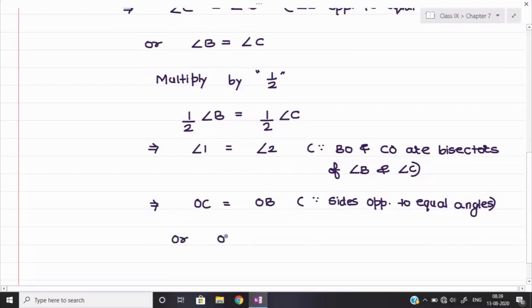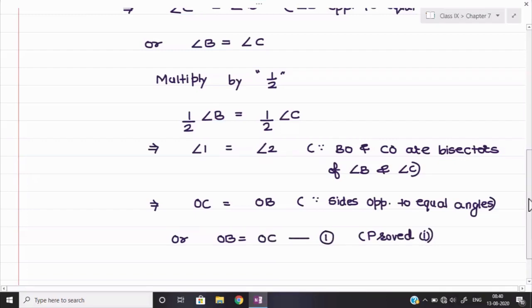So exactly we have brought the first part as required. OB and OC are equal. This is my equation number 1, and I will say here we have proved the first part. Right? Now let us see the second part.